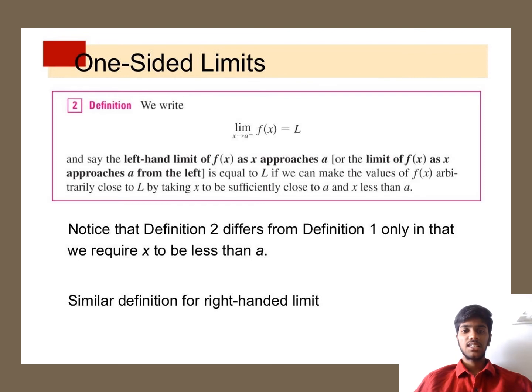Definition for one-sided limits. We write the limit as x tends to a from the left of f of x equals L, and say the left-hand limit of f of x as x approaches a, or the limit of f of x as x approaches a from the left, is equal to L, if we can make the values of f of x arbitrarily close to L by taking x to be sufficiently close to a and x less than a.